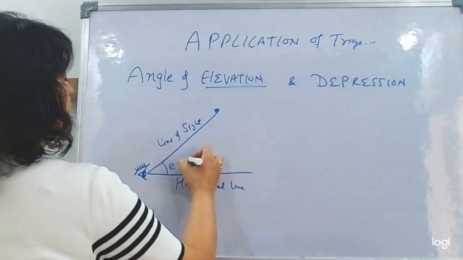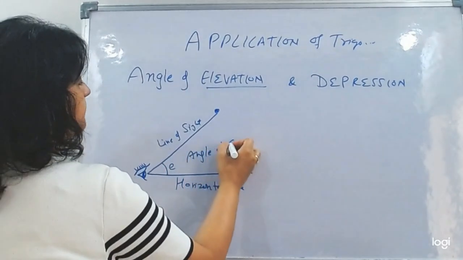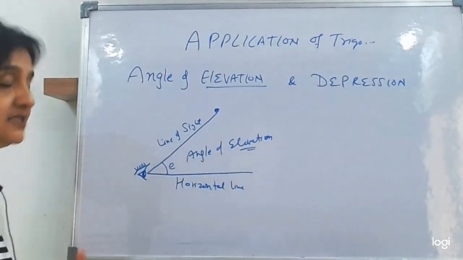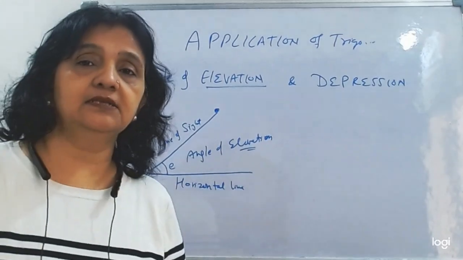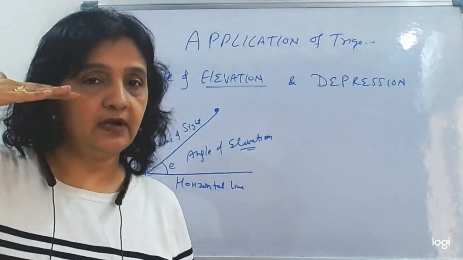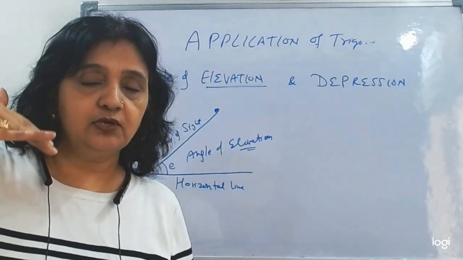This is the angle of elevation. So it is quite simple. You can think like this: when we see objects that are at a higher level from our eye level, then definitely we need to look upward.